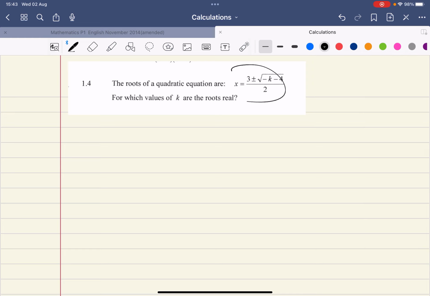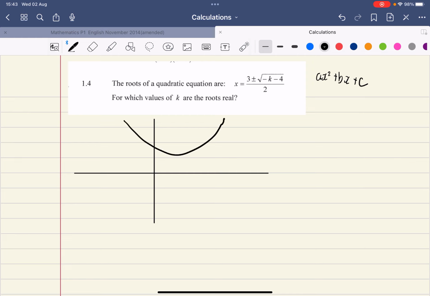Well, this is the form for the quadratic equation. This finds the roots for the expression of a quadratic. And when a quadratic has no real roots, that means that the parabola does not cut the x-axis.